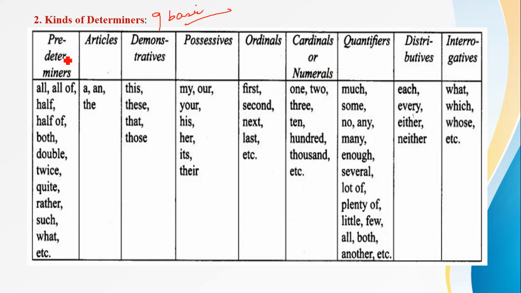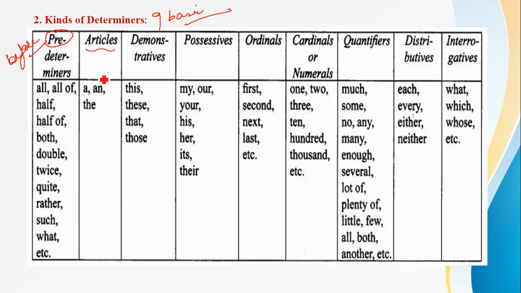So predeterminers, as the name suggests, pre means before. So these determiners are used before the actual determiners, and they are all of, half, half of, both, double, twice, quite, rather, such, what, etc. Next we have articles.